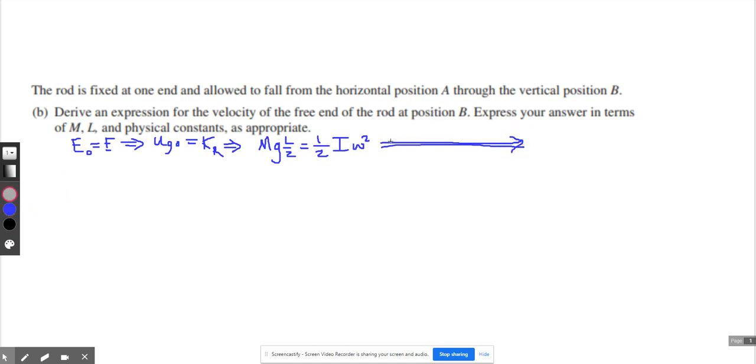First thing, I is equal to ml squared over 3.